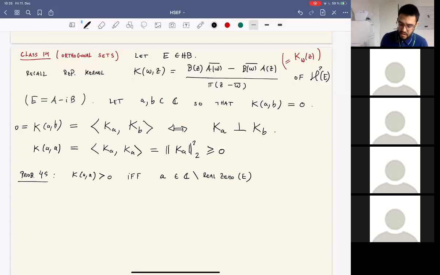The basic reason behind it is that if you have a function F in the space which has a zero at a certain point, then you can cut that zero and the function will still belong to the space. In particular, you could show that this function would belong to the space if E(w) is 0. Using this realization, you can figure out how to prove problem 45.